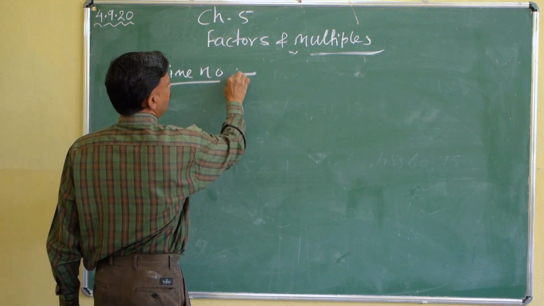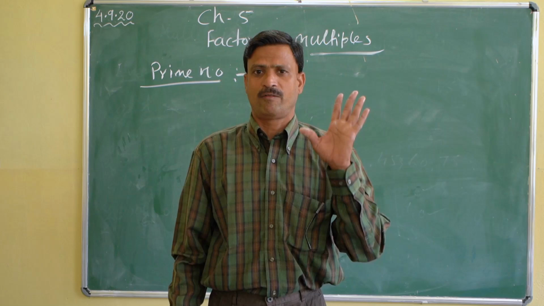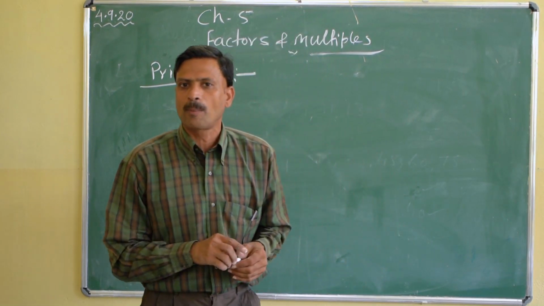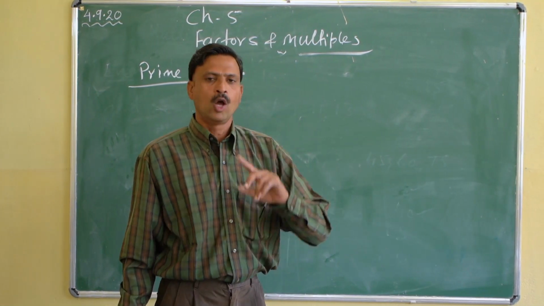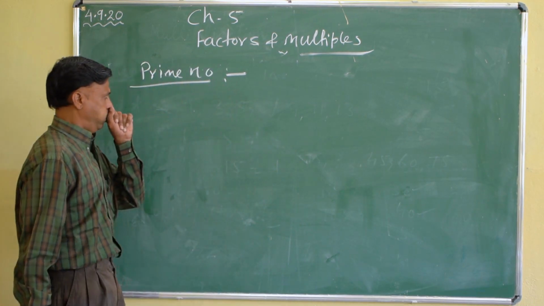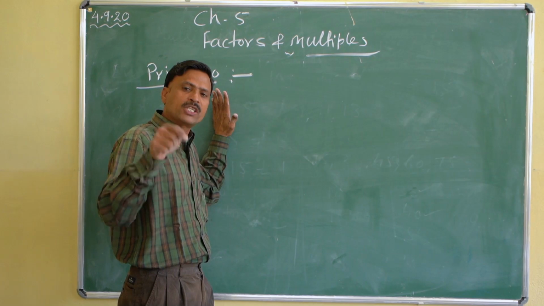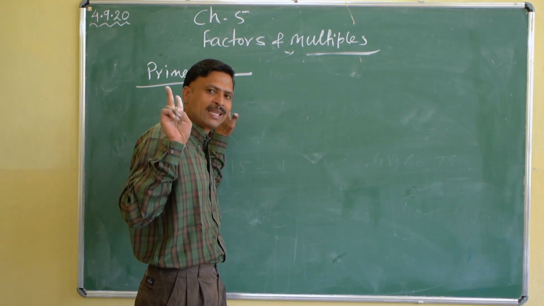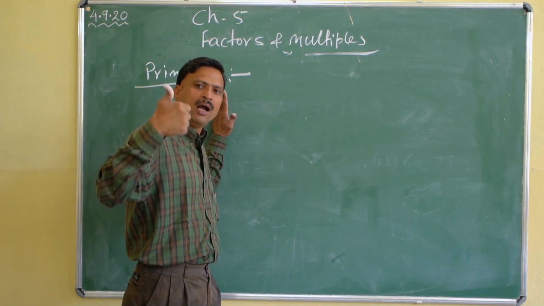What is a prime number? The number which is divisible by itself only is called a prime number. Or you can say a number which has exactly two factors, 1 and the number itself.